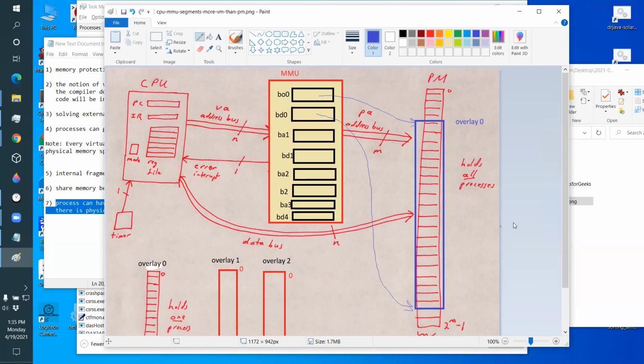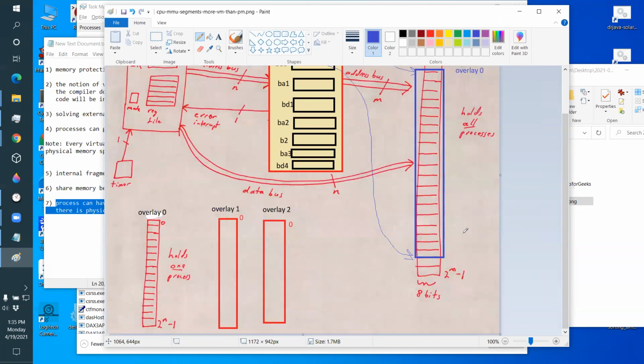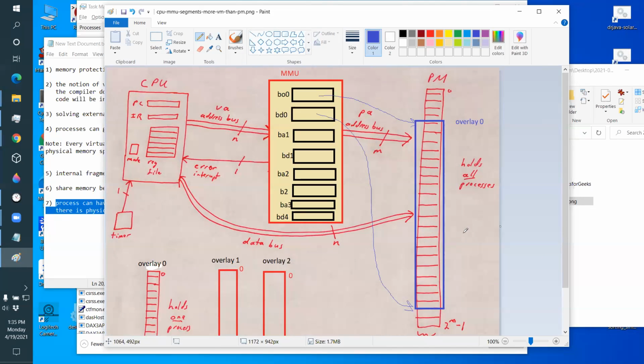Trying to think, maybe I'm not explaining this the right way. I'm trying to remember the best way to explain this.